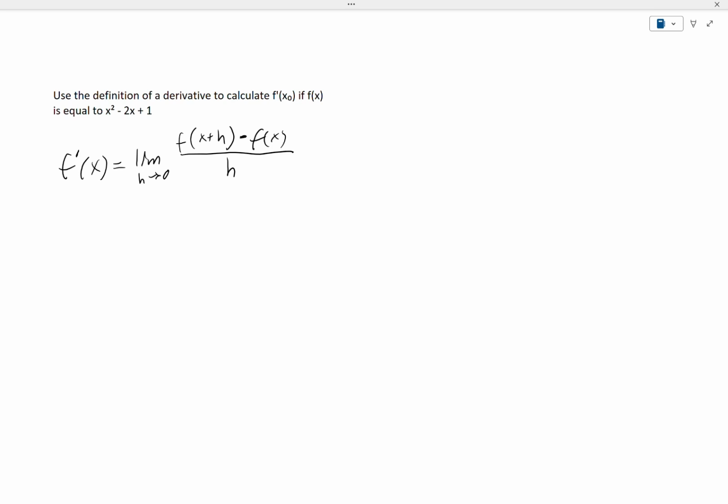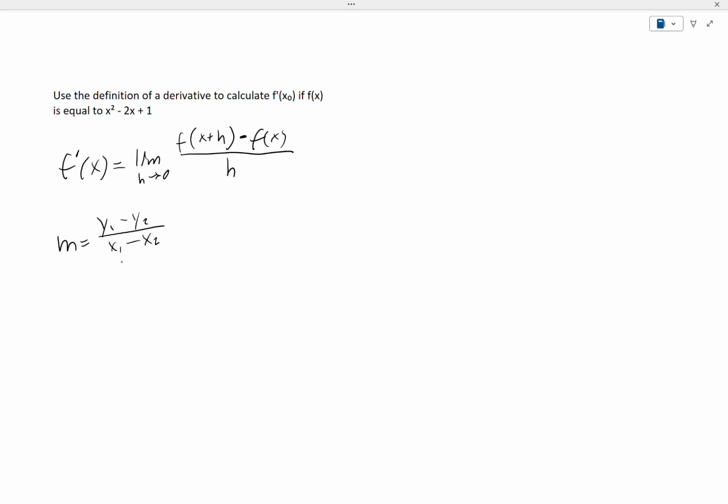And you can see that this form right here is very similar to m equals y1 minus y2 all over x1 minus x2, except for every y, you're making it an f of x, and you're making y1 f of x plus h.